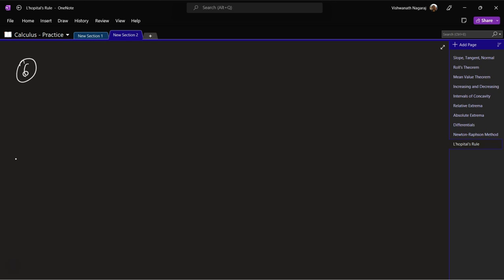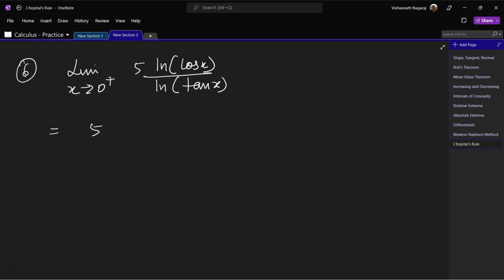Sixth one, limit as x approaches 0 from the positive side of 5 natural log of cos x by natural log of tan x. Now this 5 we can take it out and put the limit in. So limit as x approaches 0 from the positive side of natural log of cos x by natural log of tan x.